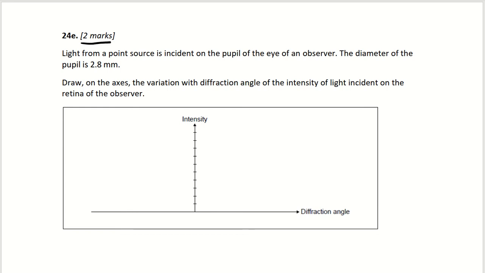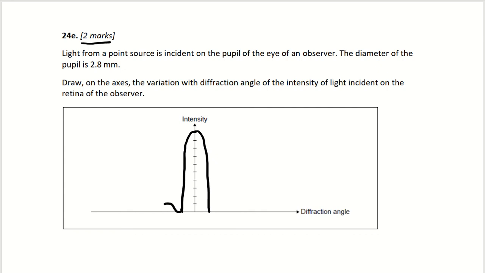The first thing to pay attention to is that if you are choosing the maximum intensity, the intensity of the central max, to be 10 units, then the intensity of the first max should be only 10% of this. It should decrease by 90%, so it should be something like this.